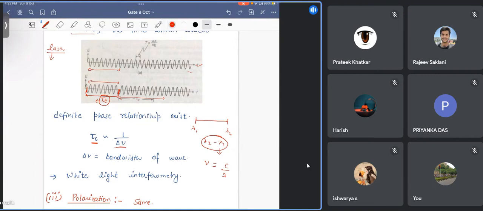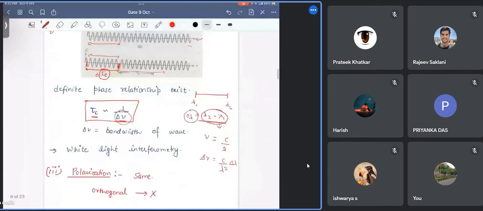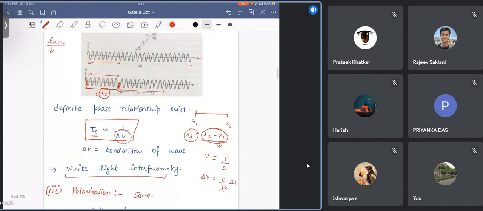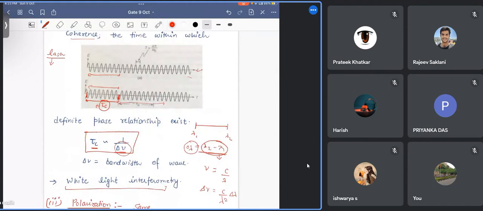So temporal coherence is a function represented by 1 by delta nu, where delta nu is given by c upon lambda squared into delta lambda, and delta lambda is this bandwidth. If you are familiar with that, you can see an interference pattern with a laser, but you can also see an interference pattern with white light, provided your path difference is less than the coherence length.